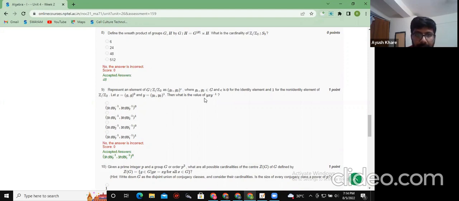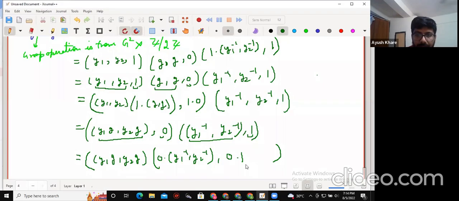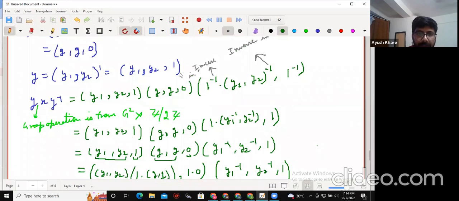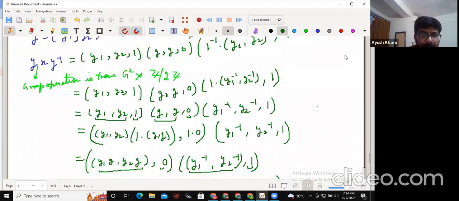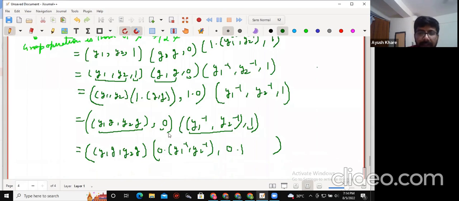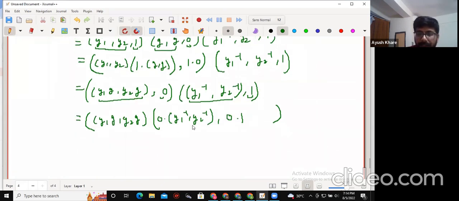So y1 y2 comma 1, and then g comma 0, and then you have y1 y2 1, g comma 0, and the inverse of it here is 1 inverse y1 y2. Yes, it should be okay. I don't know why it's not matching with the answer. Maybe somewhere we have done the calculation wrong, but it should be the same process. You can finish it here.